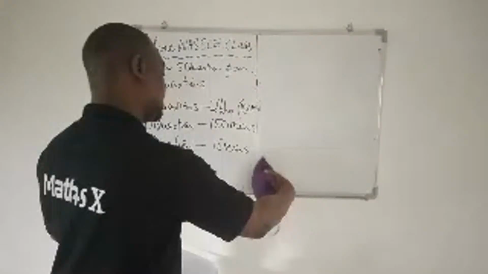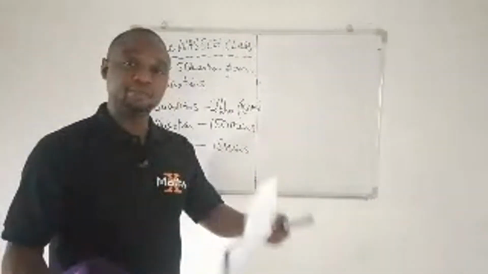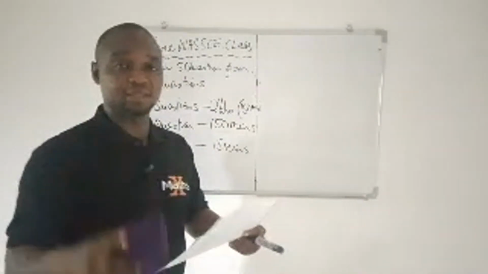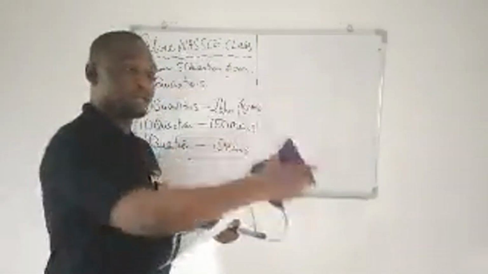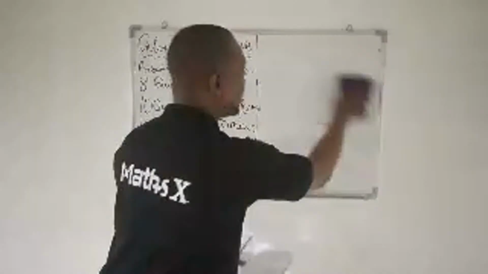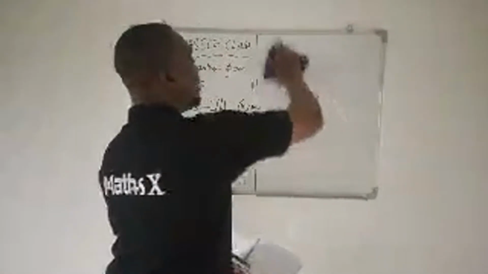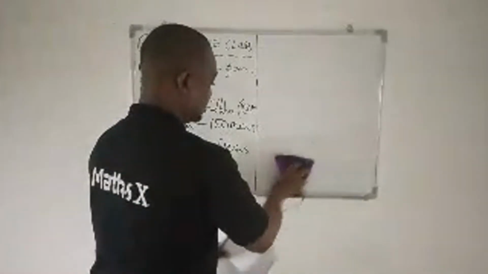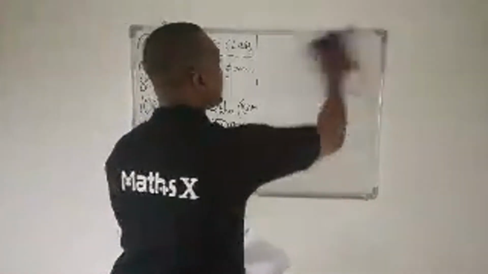By customized papers, it means that the paper I'm taking in the OBJ and the one you are writing in the OBJ, or another person is writing, are not the same. Those are ways of curbing exam malpractice, which is very prevalent in our nation.